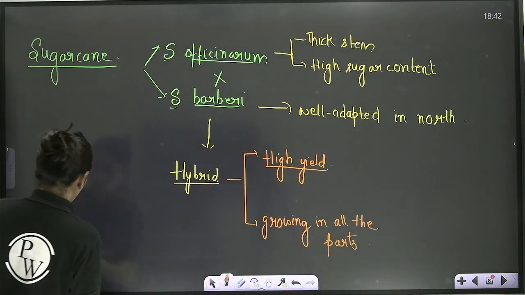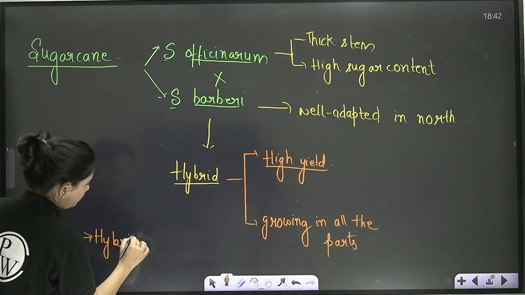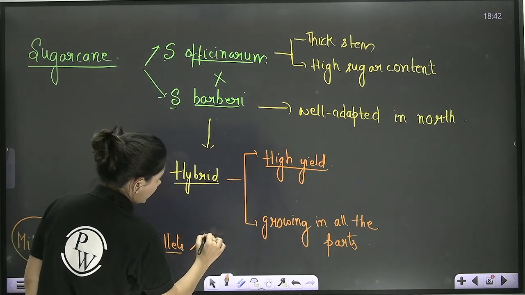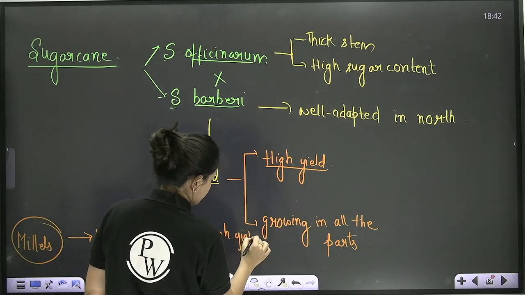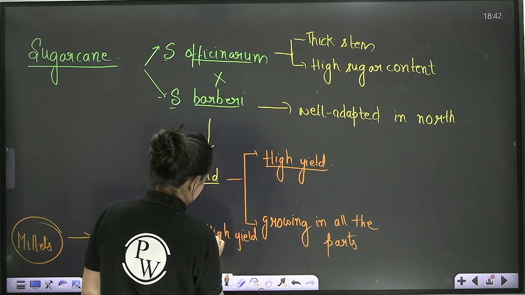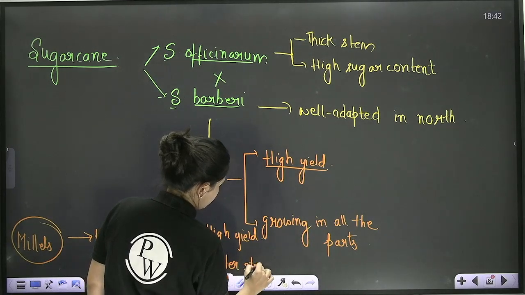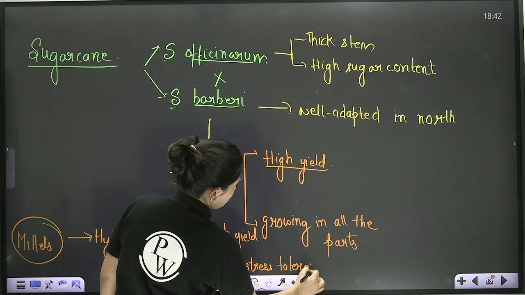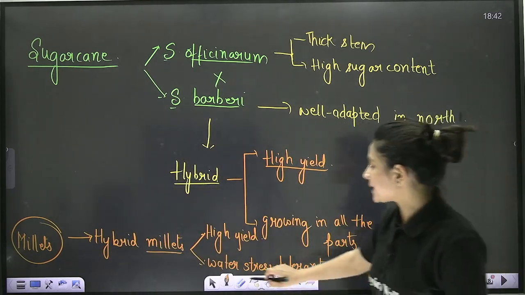So with the help of hybridization, hybrid millets like bajra, jowar and ragi, they are having high yield. That is very important. Production is first thing, and second is they are water stress tolerant. Correct? Got my point, everyone?